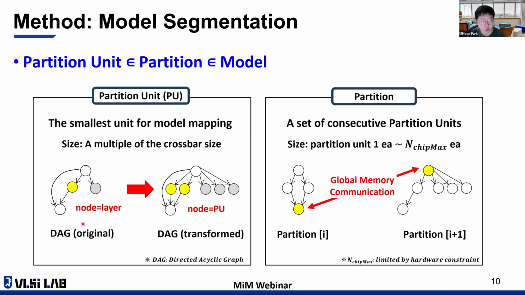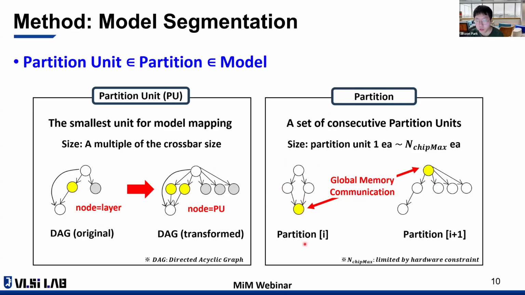We transform the original model into smaller nodes that can fit into a crossbar like this, and then we consider each node a partition unit.